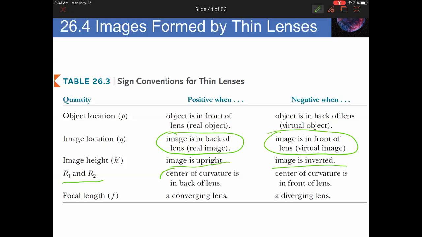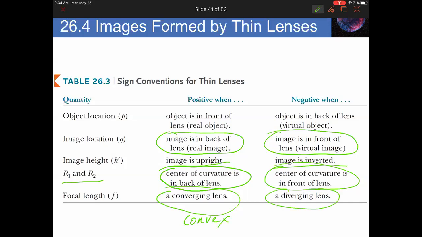If the center of curvature is in the back of the lens, it's positive, and if the center of curvature is in front of the lens, it's negative. We're going to cover that in more detail later on. Then the focal length is always positive for the converging lens, which, remember, is a convex lens, and it's always negative for the diverging lens, which is a concave lens. Remember?